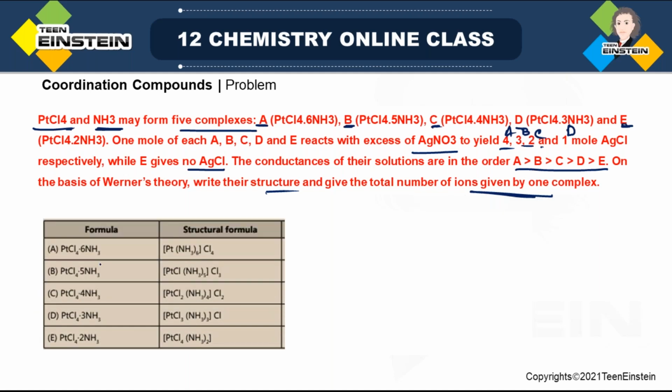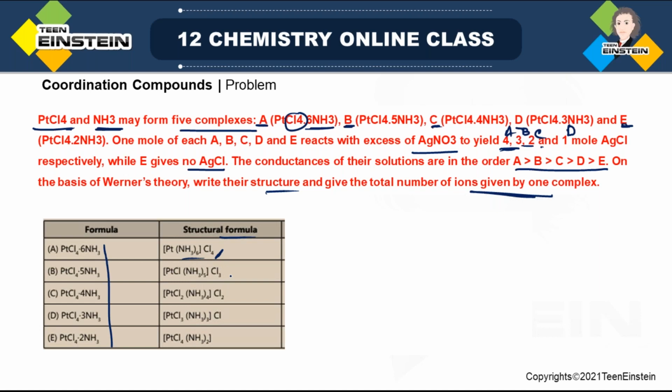So the formulas are already given in the question. Now in the second column, the structural formula, how we have written it is very easy to understand, because from A you have obtained 4 AgCl. That means 4 Cl minus must be present outside, and the rest means you have 6 ammonia left, because all the 4 chlorines are outside. So that is why this is the formula.